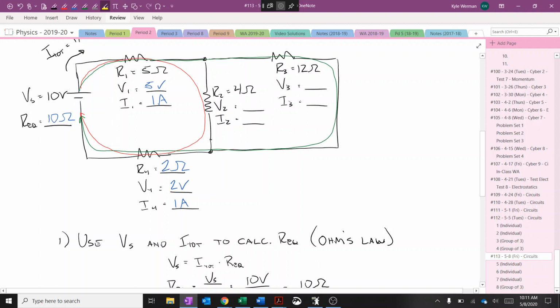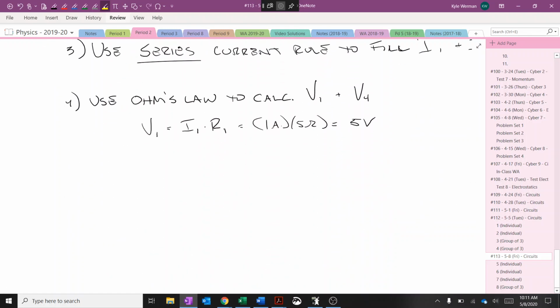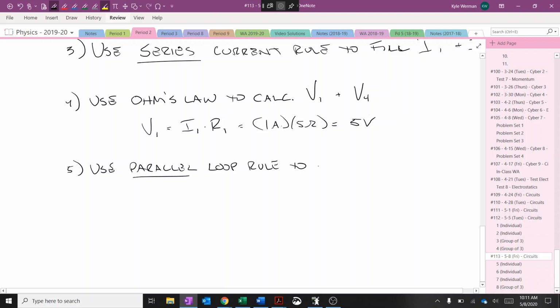And now we can look at those loops and figure out the remaining voltage drops. So since we know the voltage drops of 1 and 4, well, in that first loop, we're going to use our parallel loop rule to determine the voltage drops across V2 and V3.